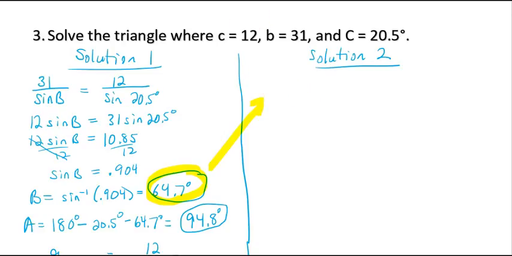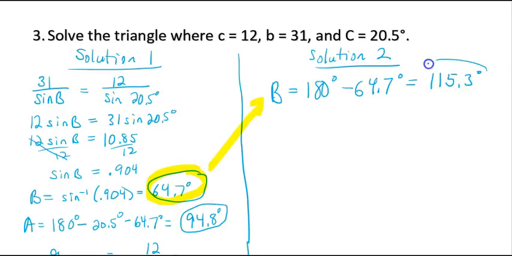So, just one moment, sorry. Angle B on this side has to add up to 180 with the angle B from this side. So 180 minus 64.7 will give me the angle B for this side. So we have an acute situation and an obtuse situation.